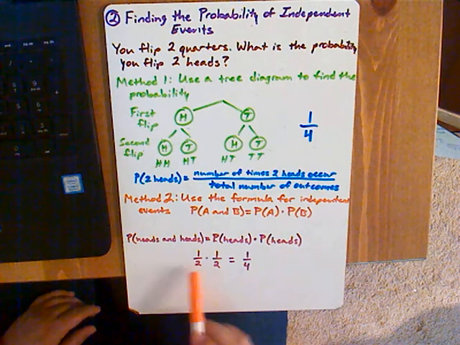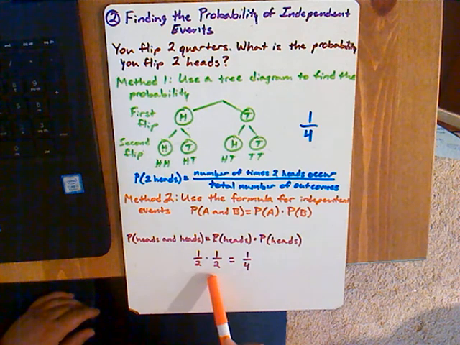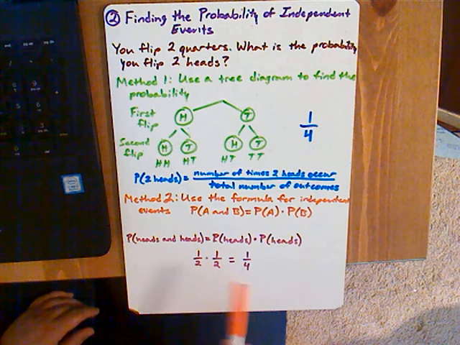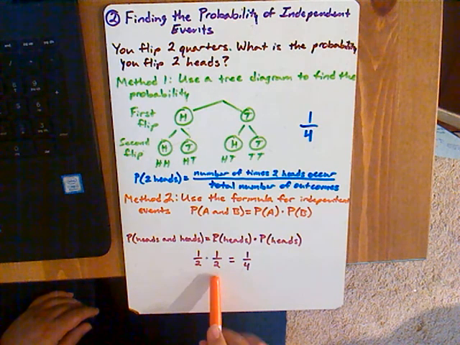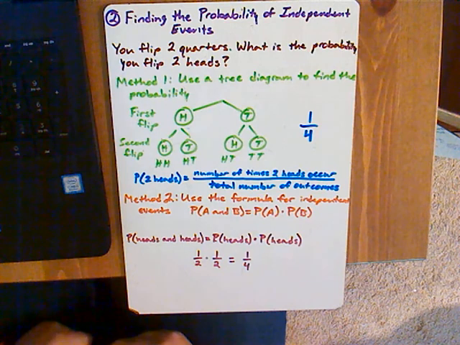We have a 1 over 2 chance of getting heads on the first flip, and a 1 over 2 chance, or a 50% chance, of getting heads on the second flip. So 1/2 times 1/2 equals 1/4.